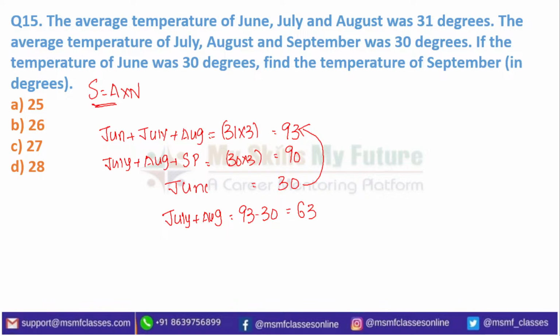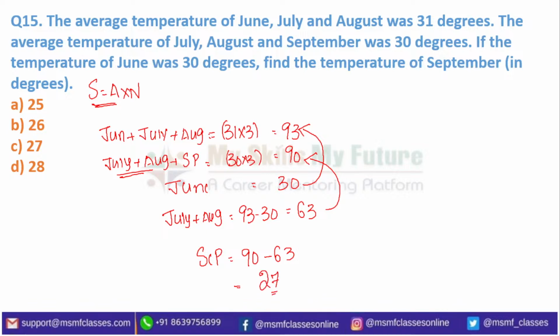This 63 value should be substituted in the second equation, in place of July and August. We are getting September equal to 90 minus 63, which is 27.